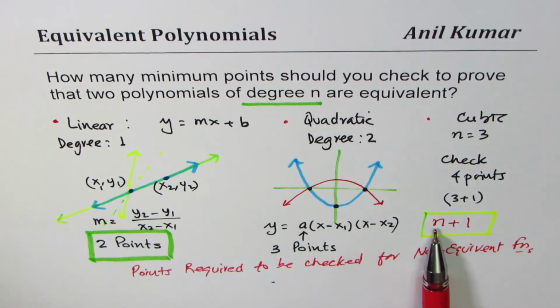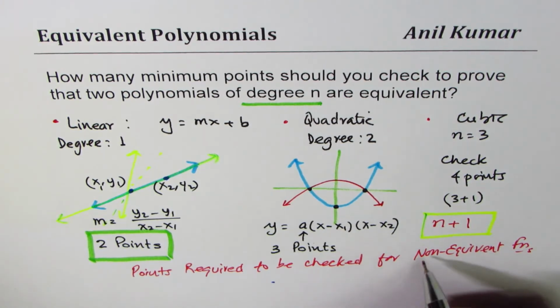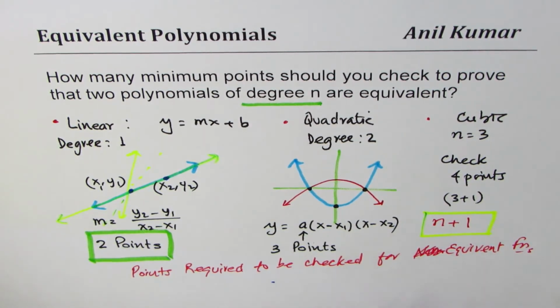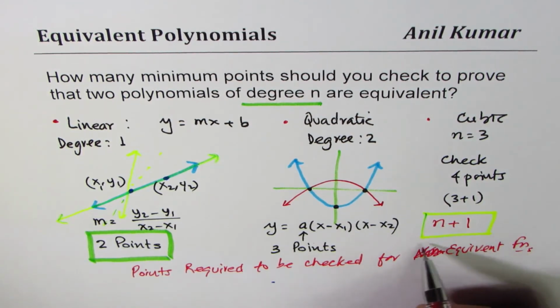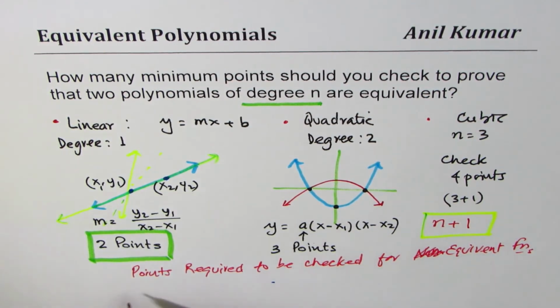So if all the points match, n plus 1 points match, then they are equivalent, right? So for equivalent functions, n plus 1 matching is required. So n plus 1 matches give us equivalent functions. So you have to check at least n plus 1 points to decide. If they match, then we have equivalent functions.